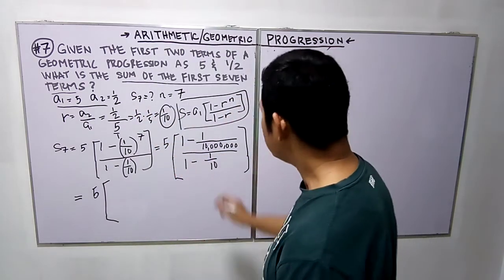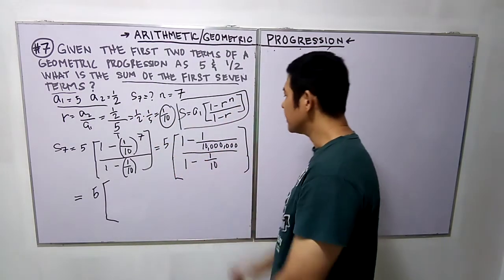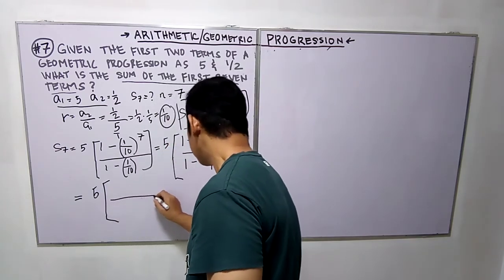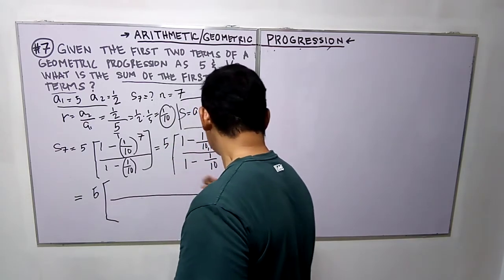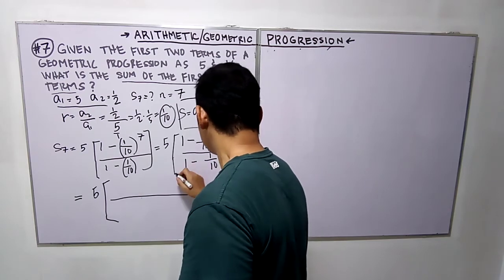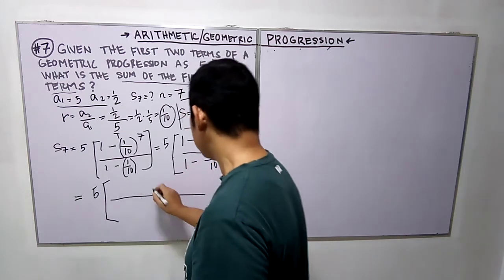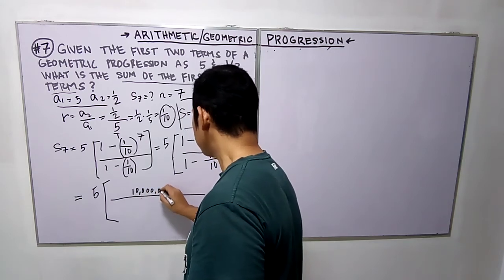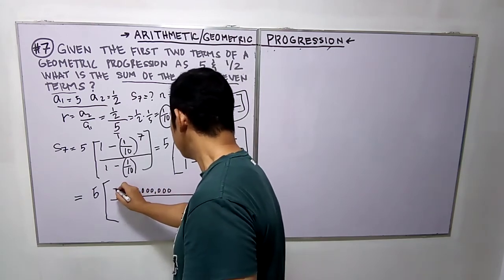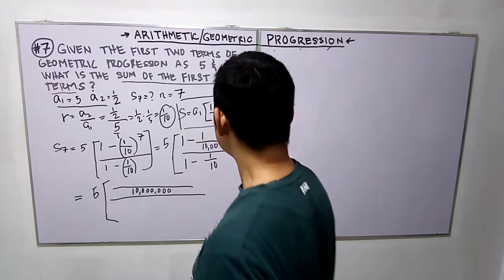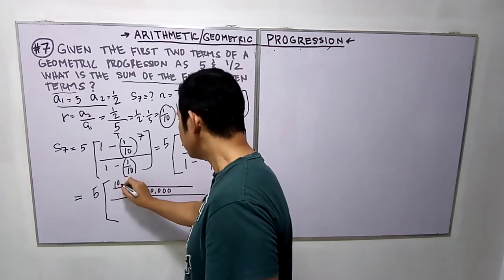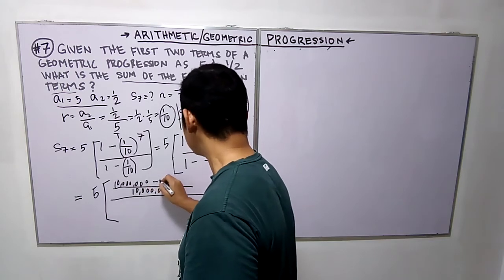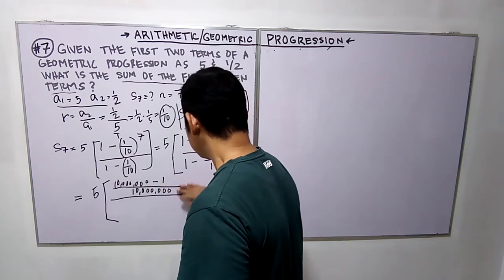So, ang LCD dito sa numerator is 10 million. This is yung pinakagitna niya. This is 10 million. Therefore, magiging 10 million din ito, minus 1.